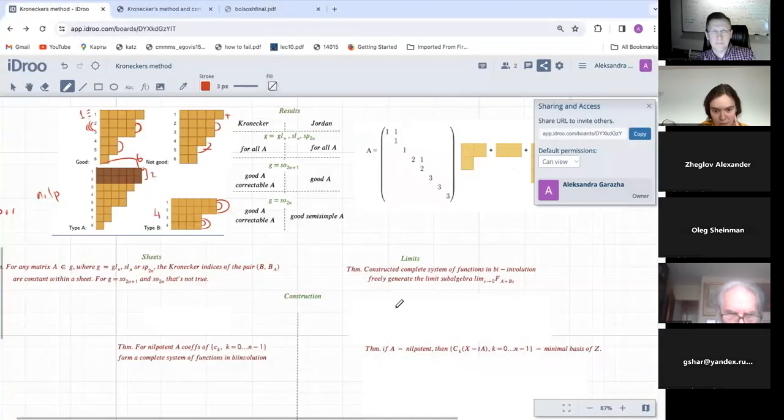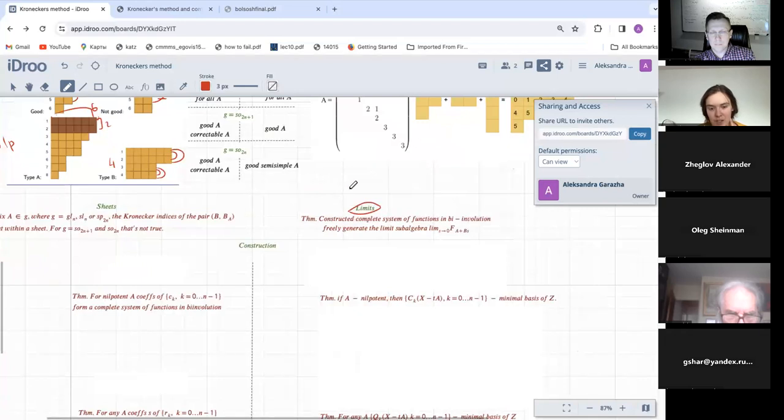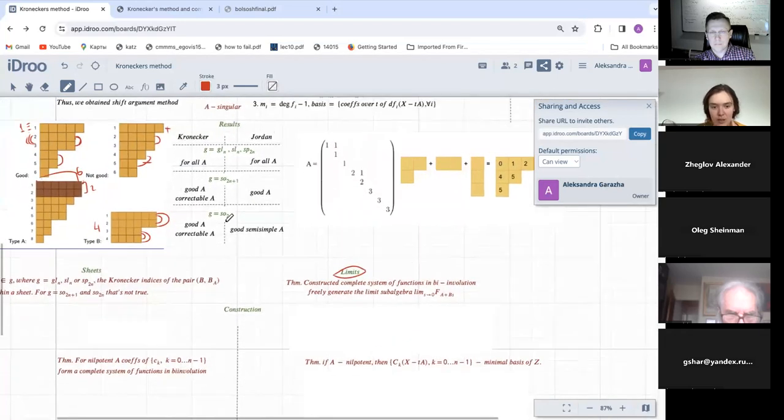I have 7 more minutes, I think. I'll tell about this part, limits. It's how these results could be integrated into the big theory. If we consider some Mishchenko-Fomenko subalgebras, then we can also look at limits of Mishchenko-Fomenko subalgebras.